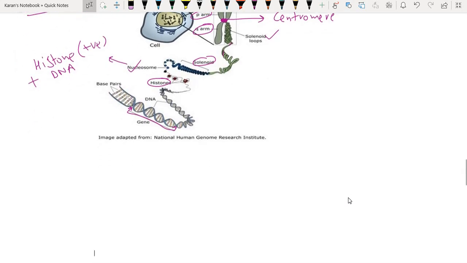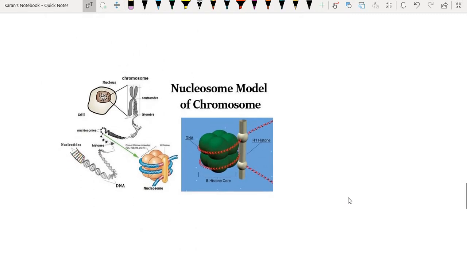Now moving to the next diagram, here they have shown the diagram of a nucleosome. You can see the nucleosome is consisting of histone proteins, and there are 8 different histone proteins, so that forms the histone octamer. So I'll write it as histone octamer. And you can see the blue color DNA is wrapped over it, since DNA is negatively charged.